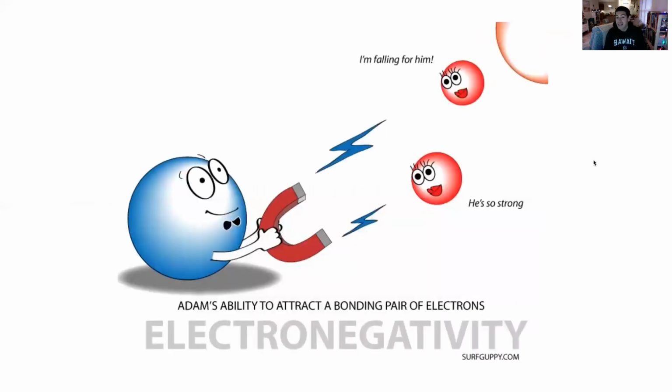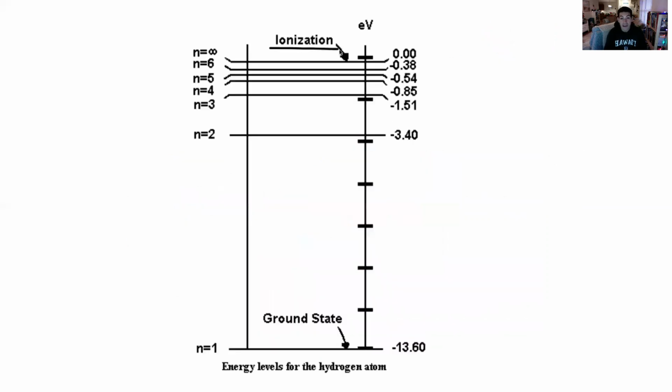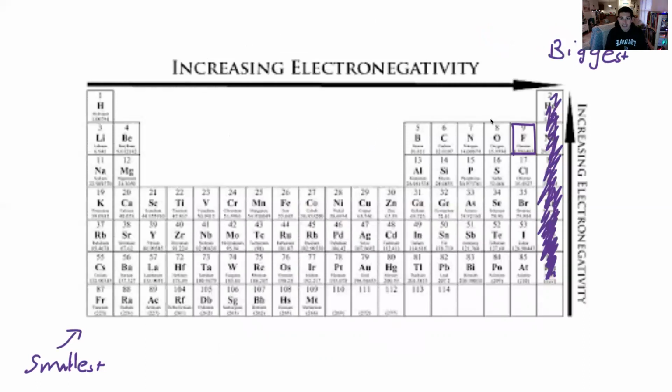Then we saw electronegativity. That is the ability of an atom to attract outside electrons. And we also saw ionization energy, which is the amount of energy to remove one electron. They both follow the same trend. Electronegativity gets larger from left to right in a period because of the increase in the number of protons.